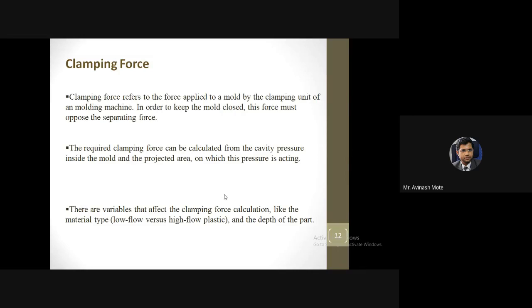It is a very simple part, just put the material inside the cavity. The cavity will also be plain, with no complex shape, a simple rectangular cavity. If you pour the molten material inside that cavity, it will easily occupy each and every space.